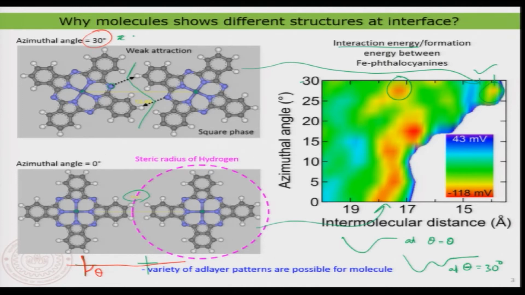When you cover the surface with one monolayer, you clearly see the pattern corresponding to an azimuthal angle of 30 degrees. That is because it is an energy minimum, but you need a lot of molecules in order to push the molecules into that so-called global minima or into one of the minima, because there are many minima available on the potential energy surface.